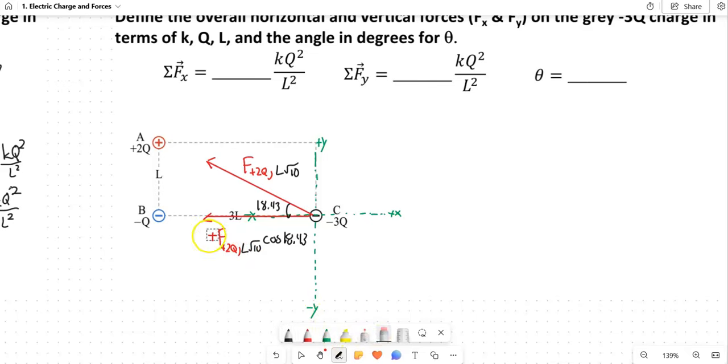And that should be negative. Now the upwards vector is going to be the sine of 18.43. So that's pointing up. So that's going to be positive. The hypotenuse, which is the same hypotenuse, comma, L square root of 10. And this is going to be the sine of 18.43. Okay?